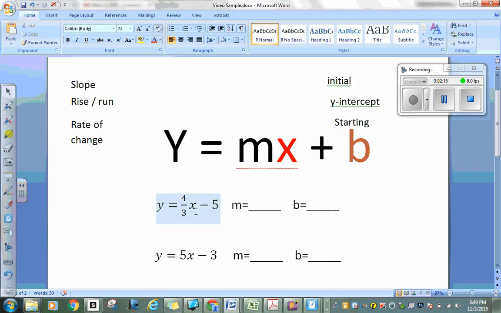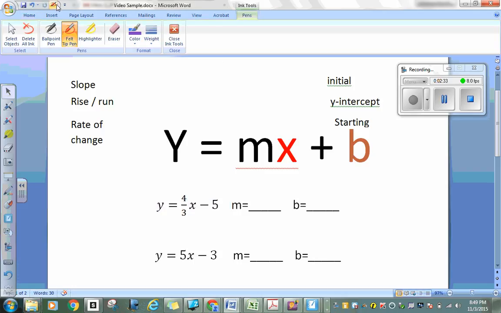Now, let's talk about this with a real example. y = 4/3 x - 5. Just by looking at the example, we said that the slope is always with our x in slope-intercept form, so what would be my slope? If you answered that the slope is 4/3, then you got it correctly.